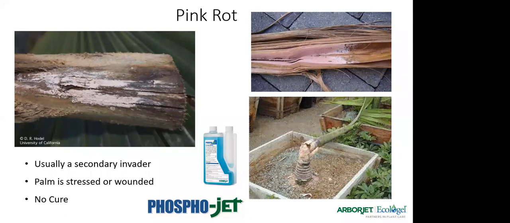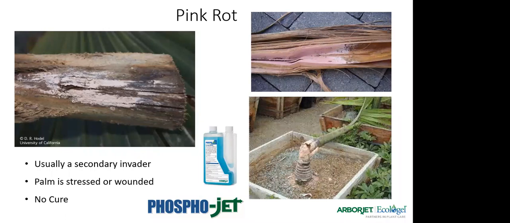And the number one call I get on diseases in palms, aside from Fusarium, is actually pink rot. Pink rot is prevalent in our area throughout California, and it's partly to do with our moisture levels and our palms. There is no cure for pink rot. The best thing you can do is sanitary measures, removing the infected fronds, trying to get the moisture out of the palm area.